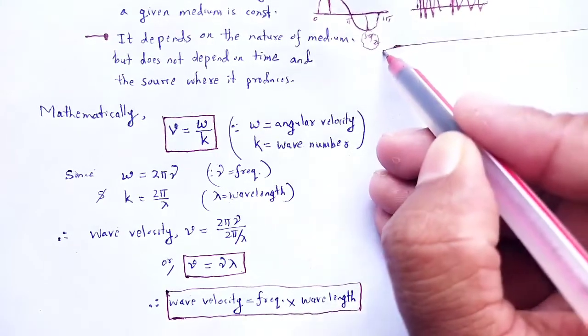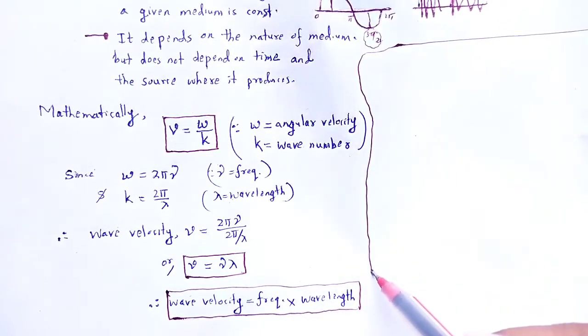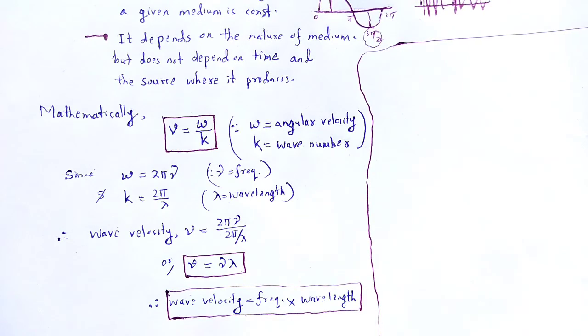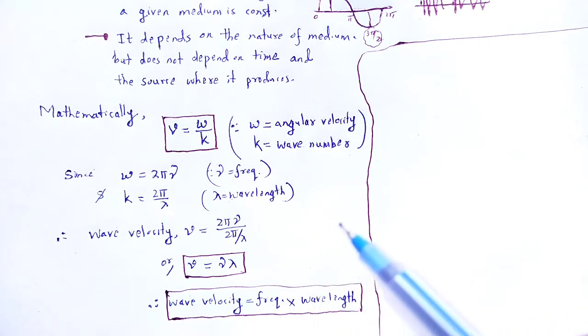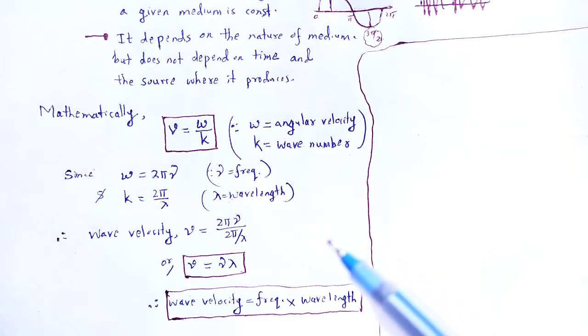Here the wave velocity is the velocity at which a plane wave advances with constant phase.